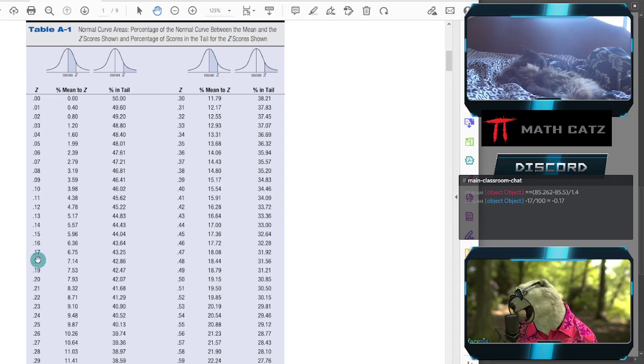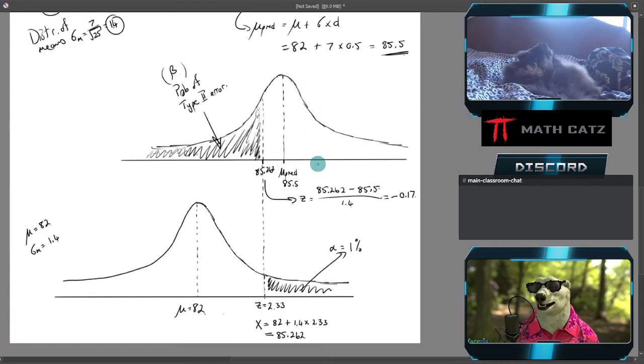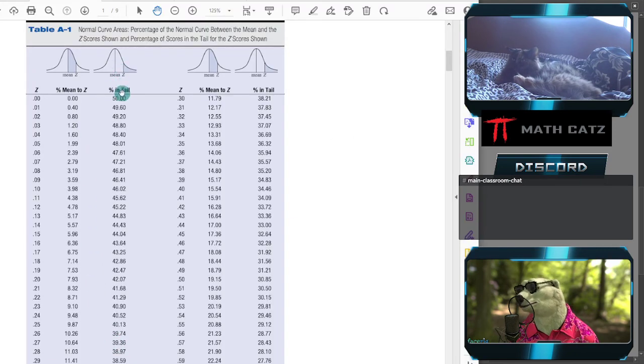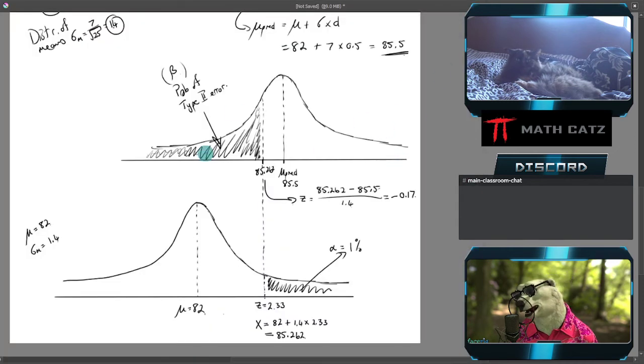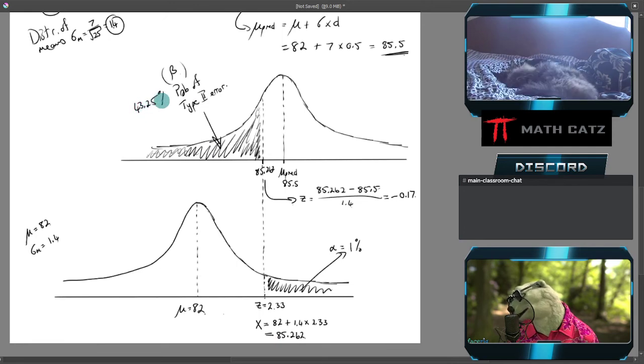I prefer to just look at the tail and say, yes, we're on the wrong side, but symmetry allows us to look at positive 0.17 and find that tail, and it'll be the same area. So I'll look at the percentage in the tail, 0.17, 43.25, and that's the same over here. So this is 43.25%.